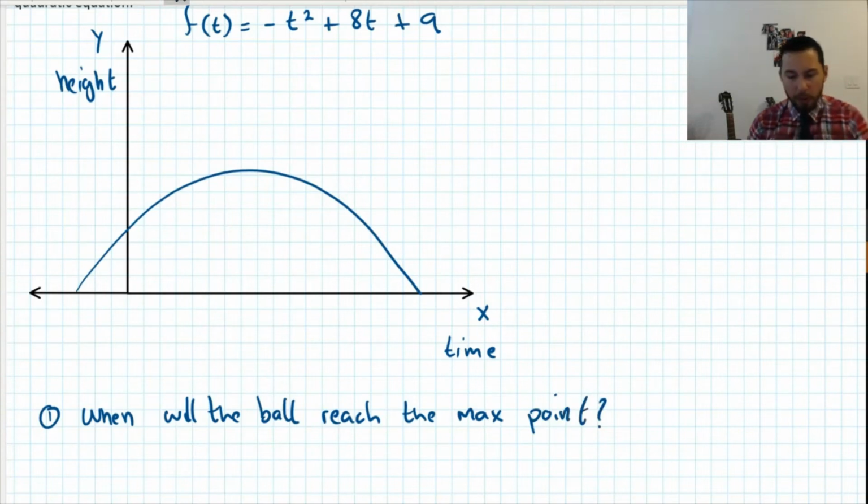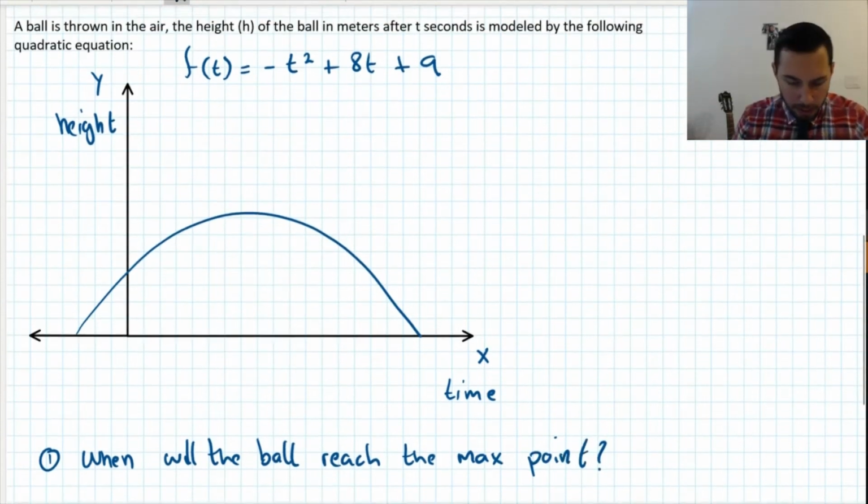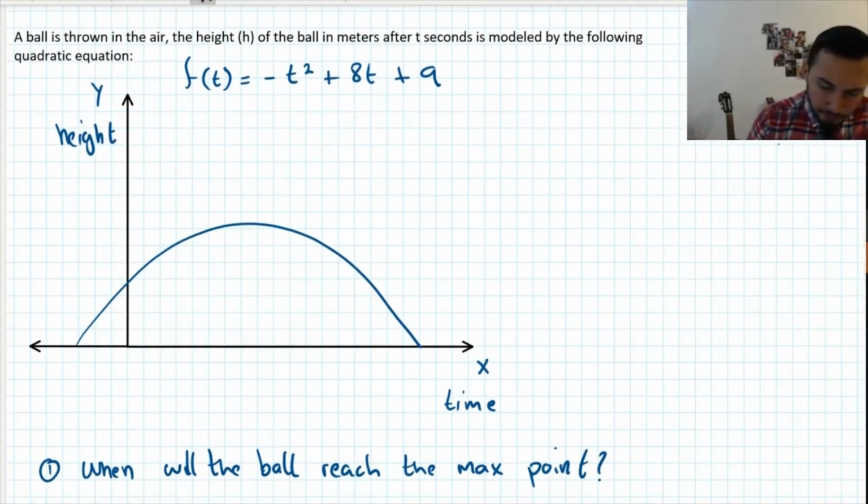So if I look at this graph right here, the maximum point will be somewhere here, and that I know is my vertex.